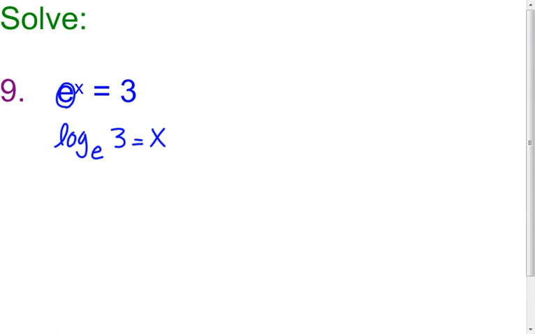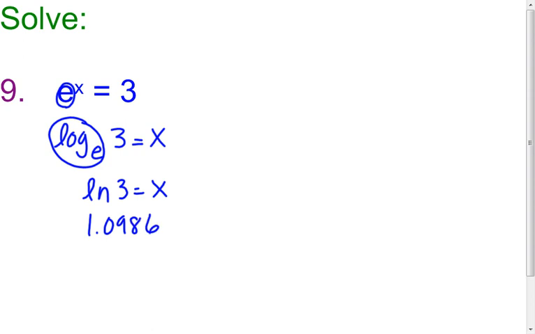So log base e of 3 equals x, and you can replace log base e with a natural log. Then you can put this into your calculator. The natural log of 3 is about 1.0986. Again, round to 4 decimal places when you're doing logs.